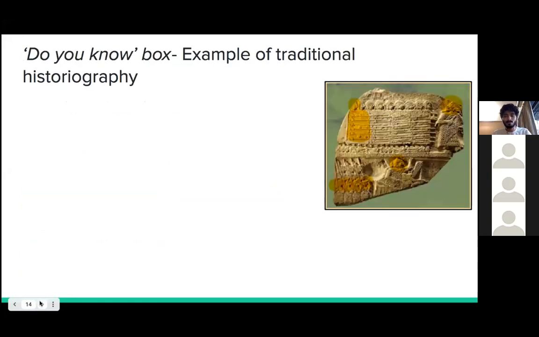Now in your textbook, you'll see a do you know box, right? There's a picture there and there's a little bit of text below that. So we need to understand this. The reason we need to understand the do you know box is first because it connects to what we just studied. It's an example of traditional historiography, right? And second is to connect it to our question paper.